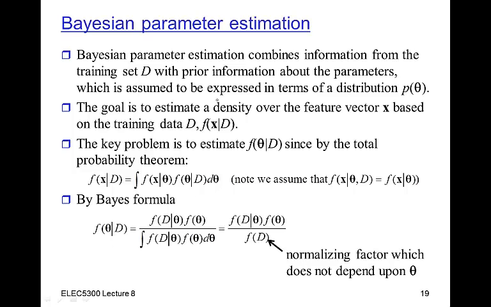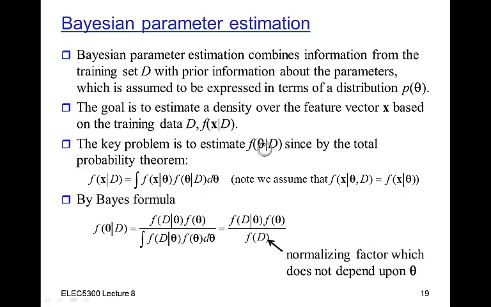In order to do this, the really critical step is to estimate the probability distribution over the parameter theta given the data. We already have a probability distribution over the parameters, but we're going to modify that based on the data.